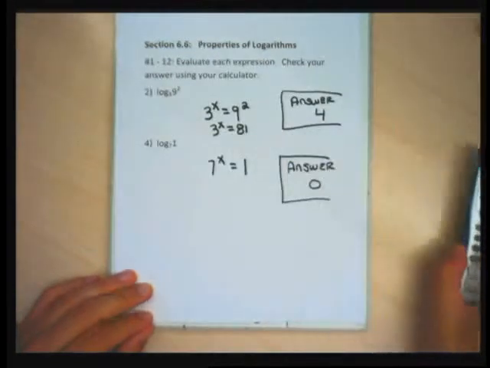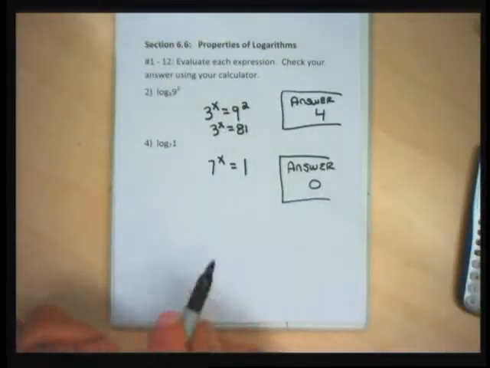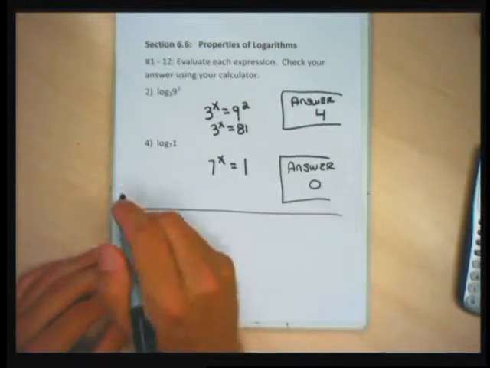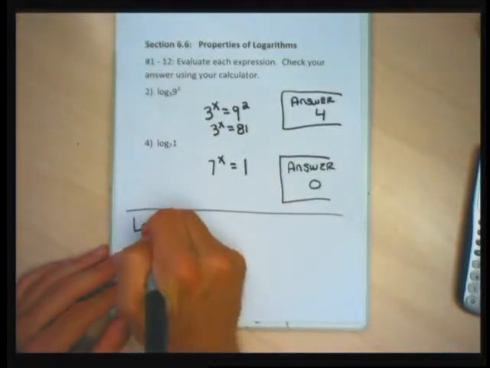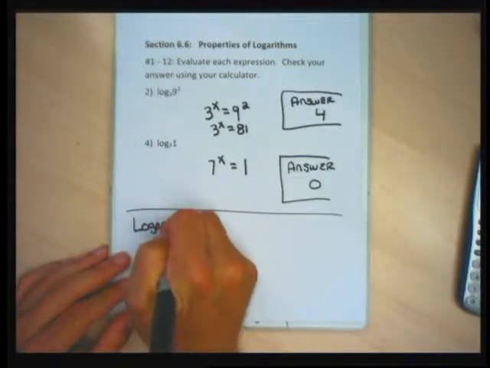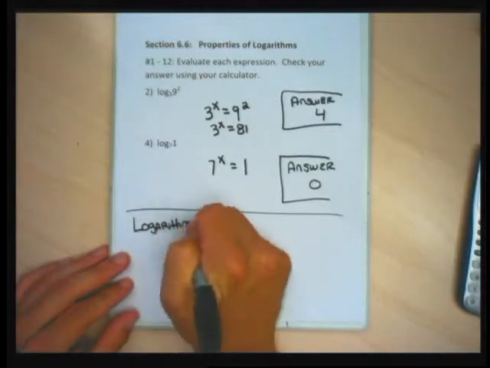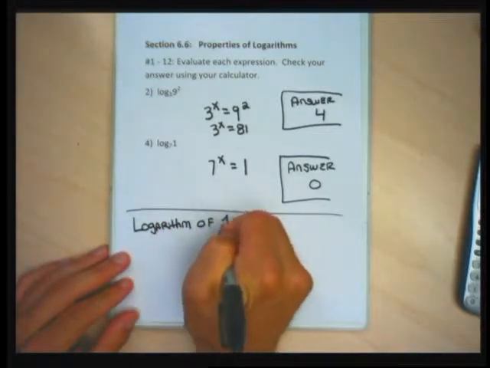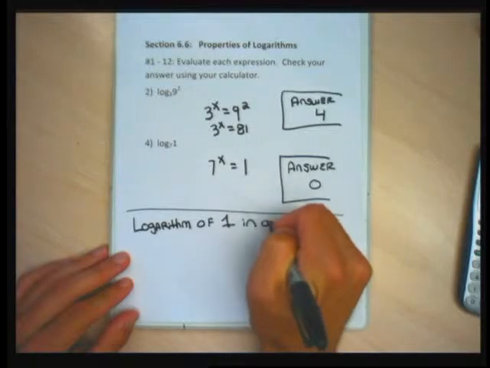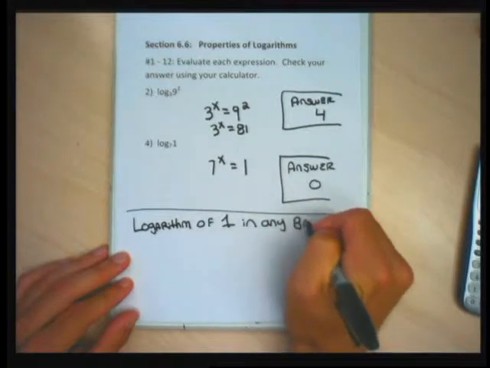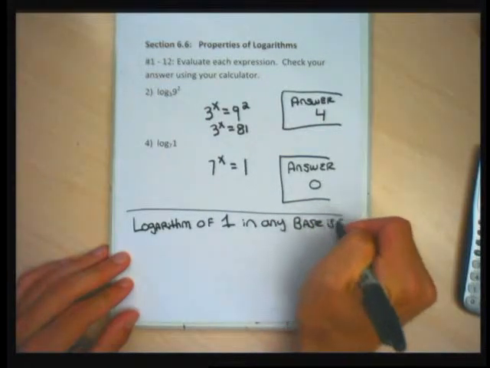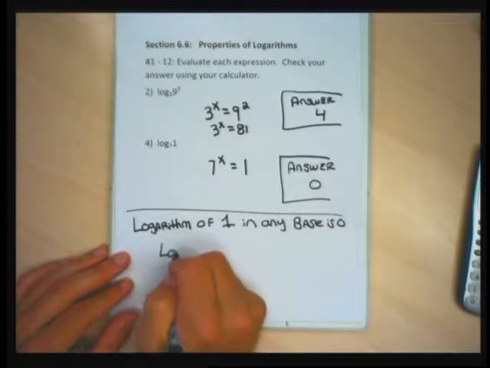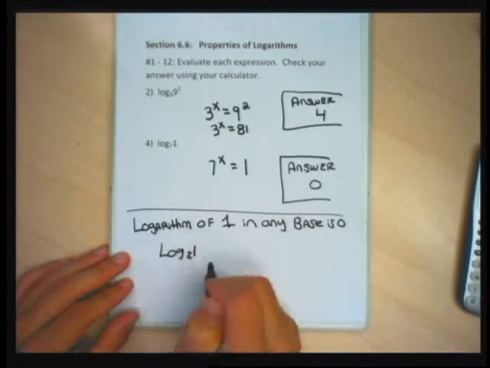This is probably time to mention a rule if I hadn't already. The logarithm any base of 1 is 0. So that would mean the log base 2 of 1 is going to be 0.